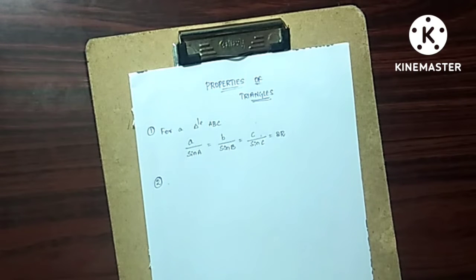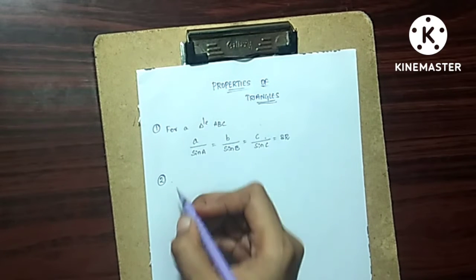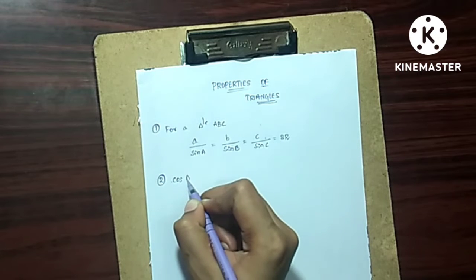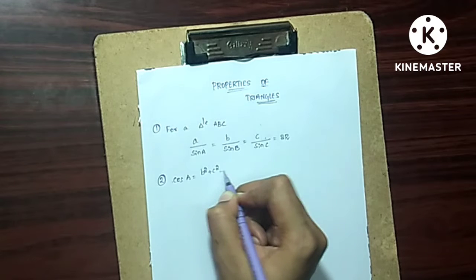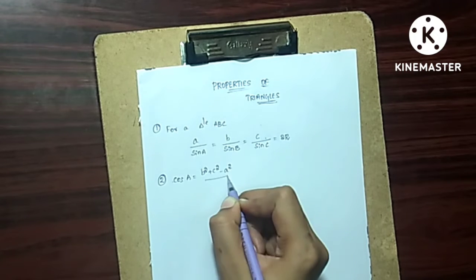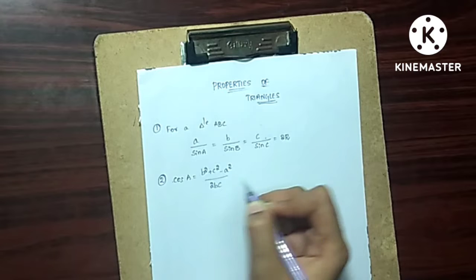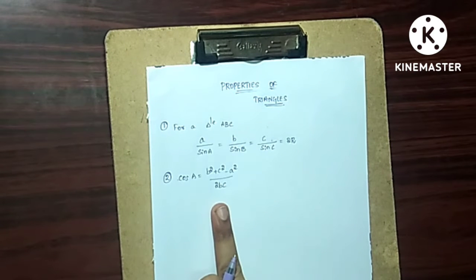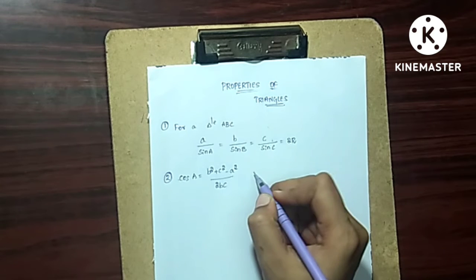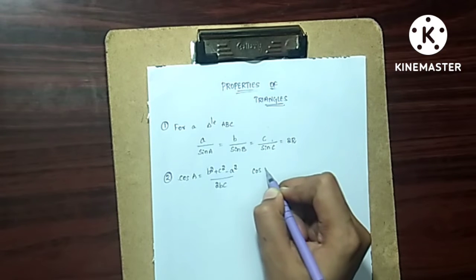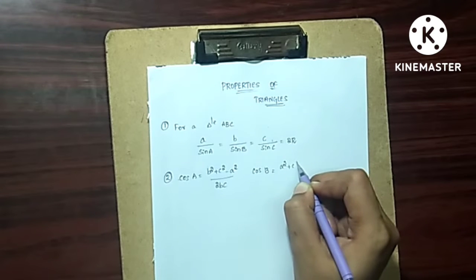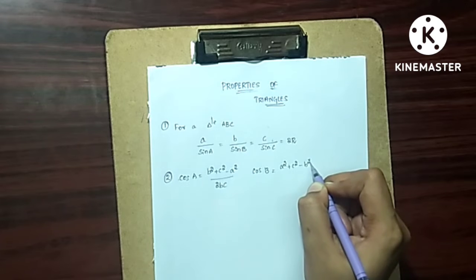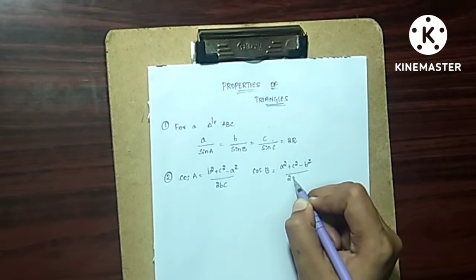Now it's time for the second formula, which is cos A equals b square plus c square minus a square by 2bc. We can also write this formula in the form of B and C. So cos B equals a square plus c square minus b square by 2ac.